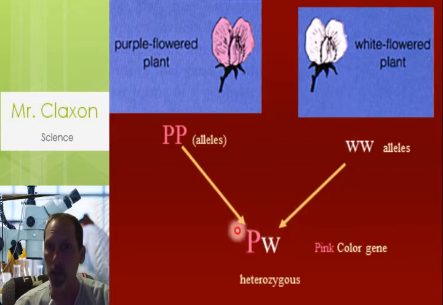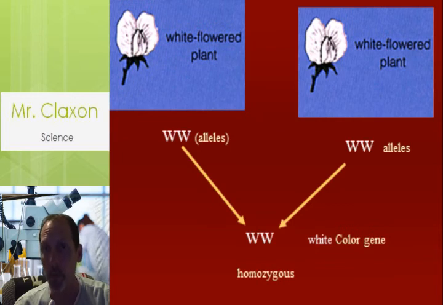And so you end up with, what color would this be? This would be pink, because pink is dominant over white, and we call this heterozygous pink. You could also, if you had two white flowers, get a white from each one and end up with a white flower. This would be homozygous white.